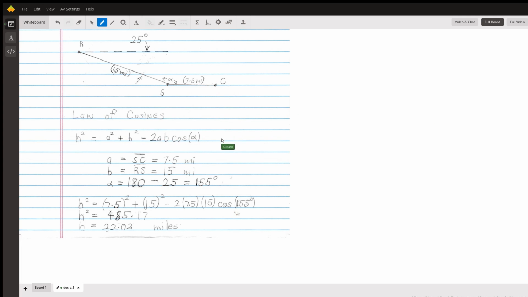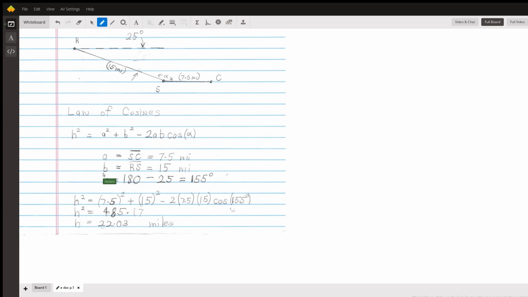So if we fill in the values, we see below here, for a in the law of cosines, that's the line SC. b is the line from RS, from the reservoir to Springfield. And then alpha is actually equal to 180 degrees minus the 25 degrees angle, which equals 155 degrees for the angle alpha.